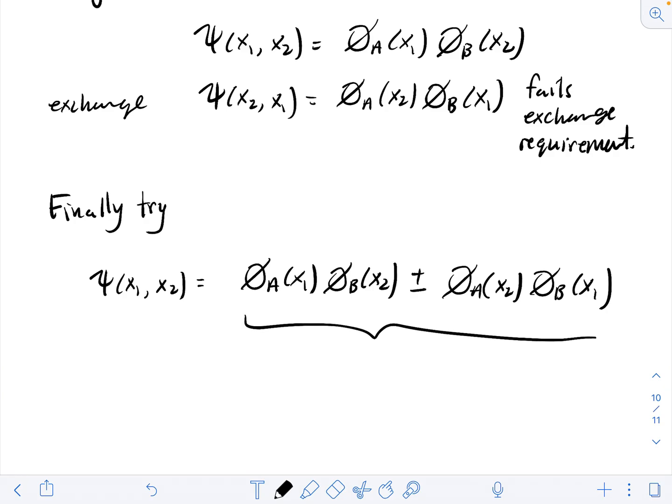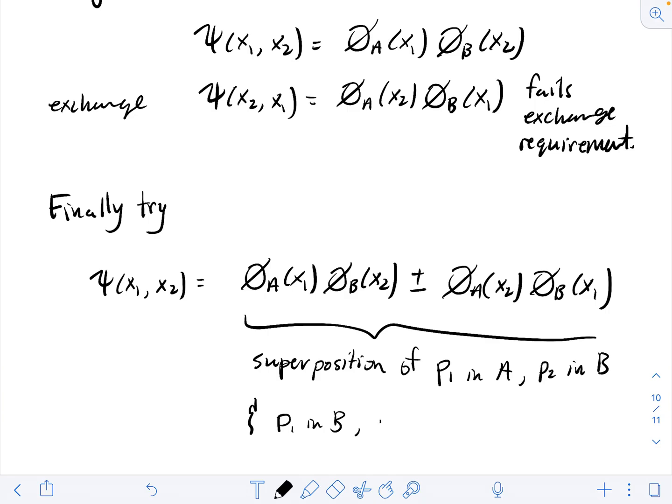And so what we've constructed here is a superposition of particle 1 in A and particle 2 in B, as well as particle 1 in B with particle 2 in A.